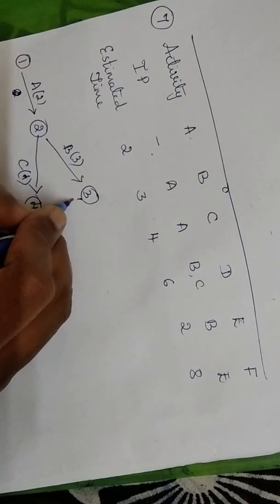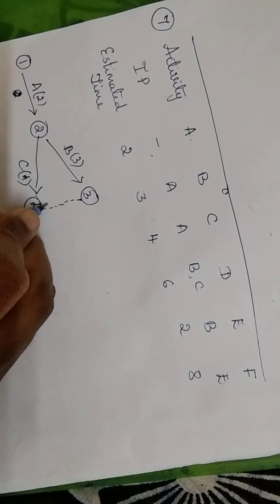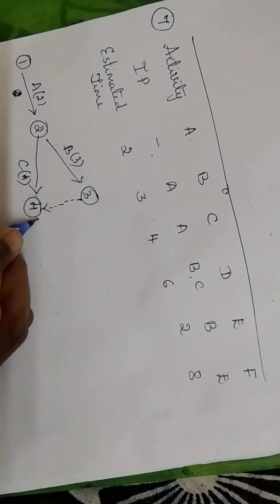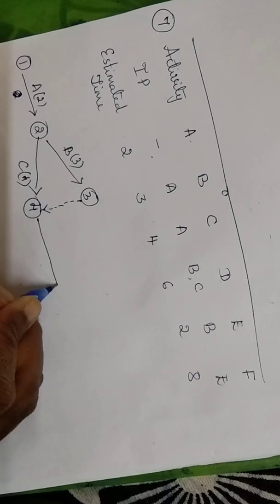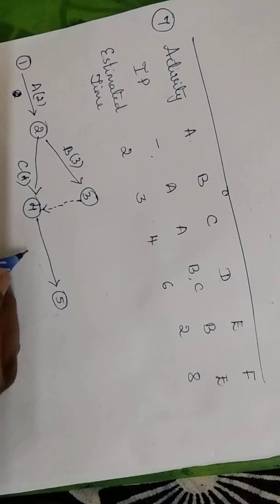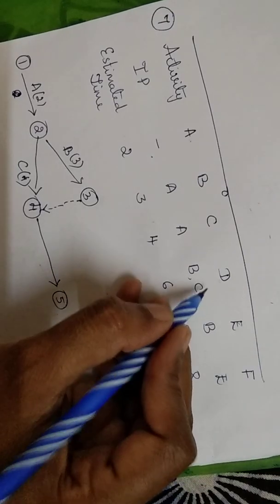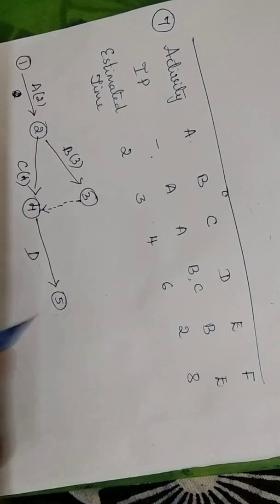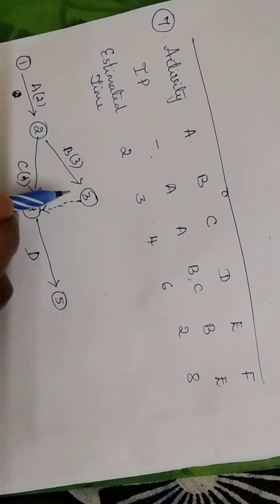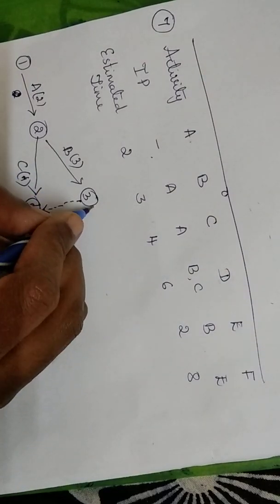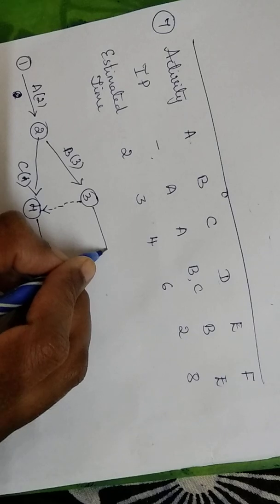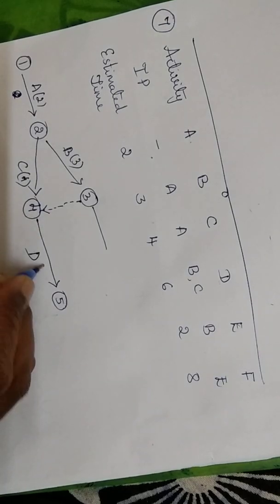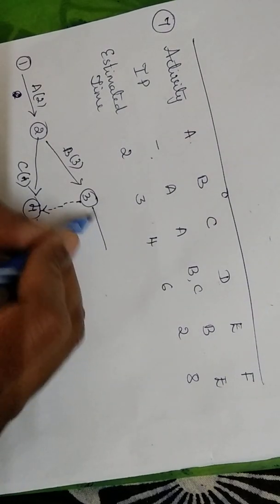So what I should do is draw a dummy line like this, and then I will be able to draw the network for activity D, which is completed here. If you observe here, for E activity you will have to complete the B activity.